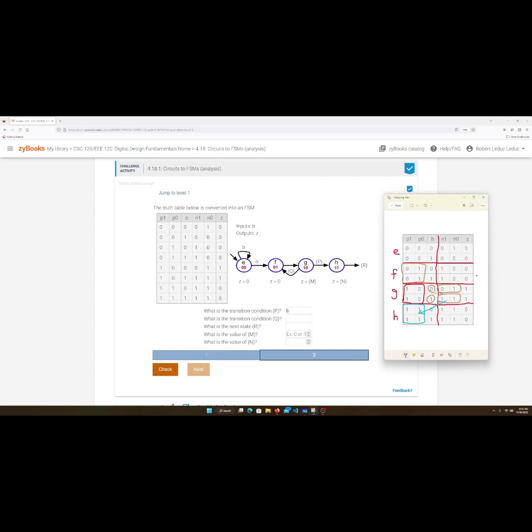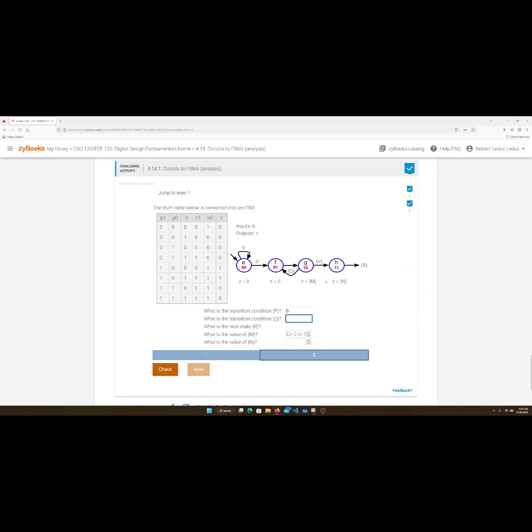So in the case that the input B is 0, state G will transition to state F. Right? And that is for input B 0 or B prime.